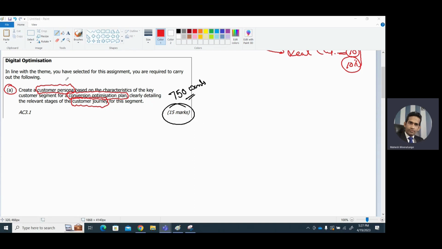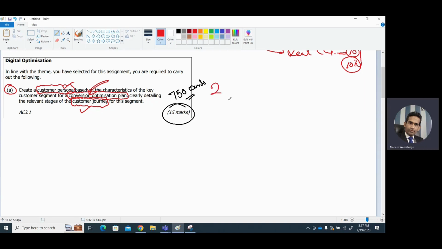So you have to cover your answer based on these 2 points with the objective of designing the conversion optimization plan. In your answer, you have to cover these 2 areas.